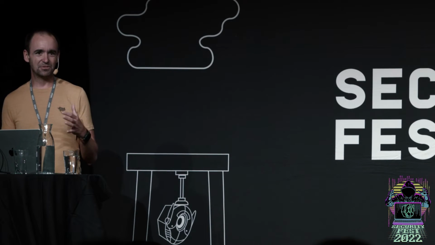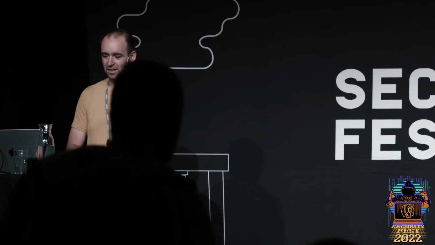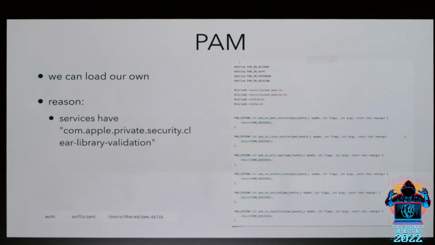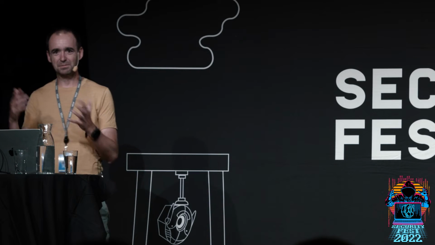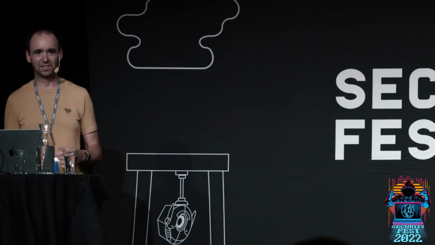The reason we can load plugins in the PAM framework on macOS is because all of the services have this entitlement, com.apple.private.security.clear-library-validation, which is required to load anything third-party. By default on macOS, you cannot load a third-party dylib, which is the DLL on macOS, into a platform application, because process injection is a thing on macOS.